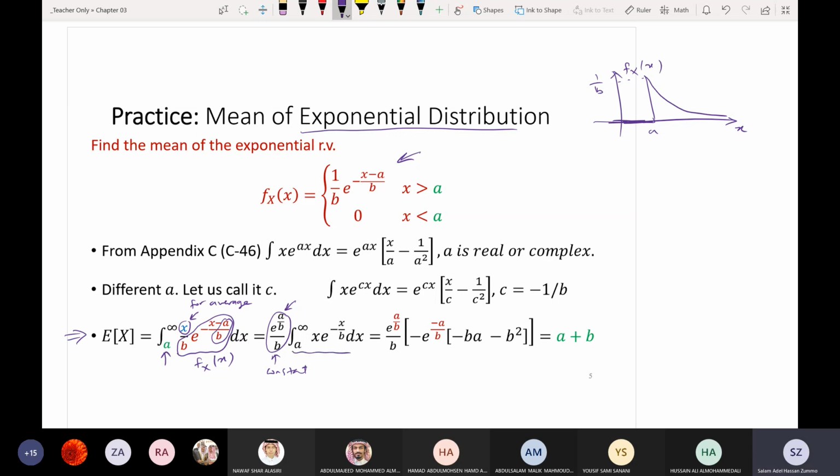And I am left with the integral of x e to minus x over B.